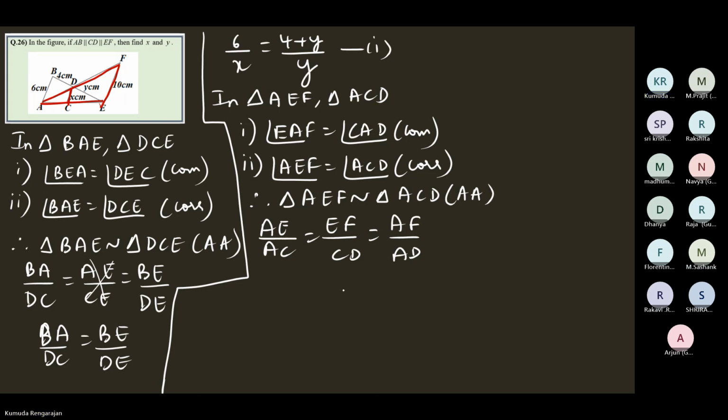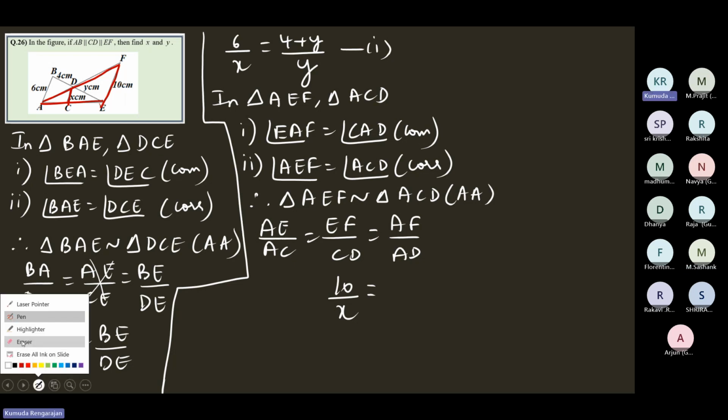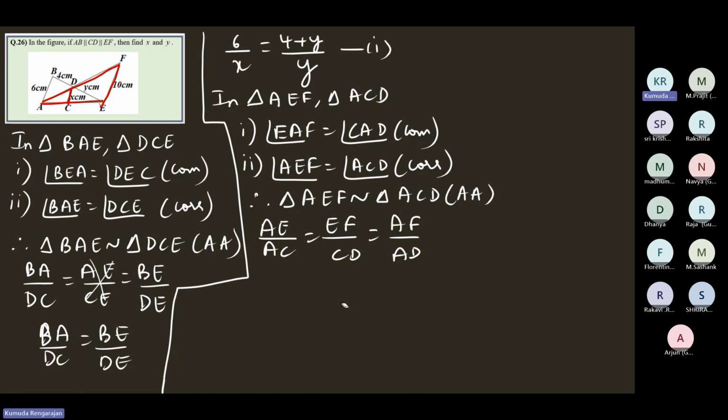EF is 10, CD is X, AF is not known and AD is not known. So now we need to decide which ratio to go ahead with. Here we have only 10 by X, children. We have only one ratio, 10 by X.